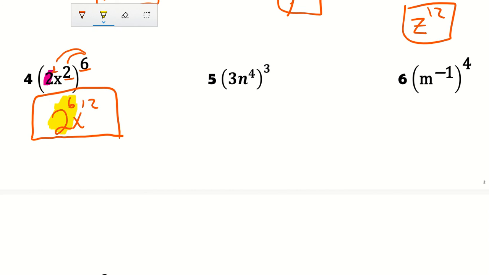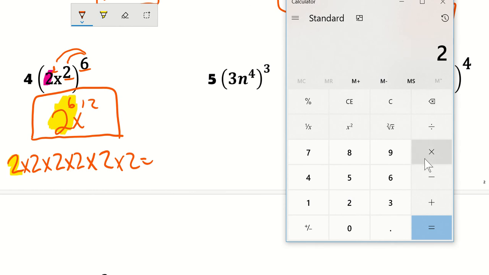That means you're going to multiply 2 times 2 times 2 times 2 times 2, six times. Let's do that one: 2 times 2 times 2 times 2 times 2 times 2. Whoo! 1, 2, 3, 4, 5, 6. I think I went a little overboard.